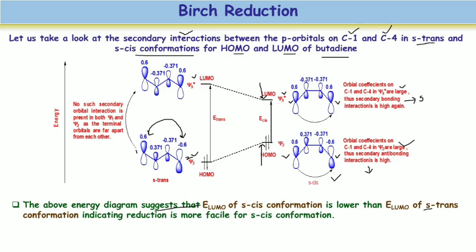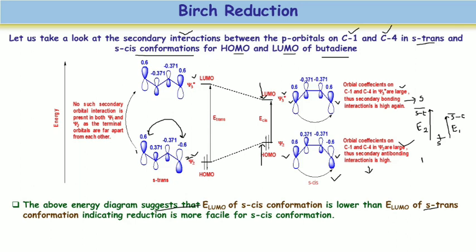So if this is the SOMO of the metal, then if this is the LUMO of S-cis conformation, and this is the LUMO of S-trans conformation, the activation energy for S-cis conformation is denoted by E1 and the activation energy for S-trans conformation is denoted by E2.